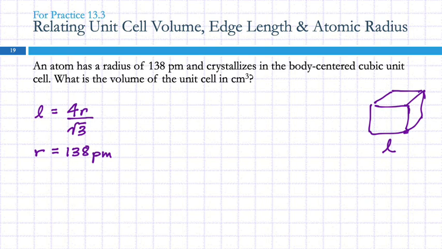Well, how do we find the volume of a cube? Length times width times height. And for a cube, they're all the same, right? So the volume of this cube is equal to L cubed, which is the same as 4 over the square root of 3 to the 3rd power.